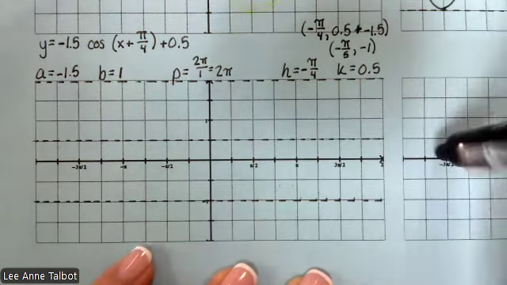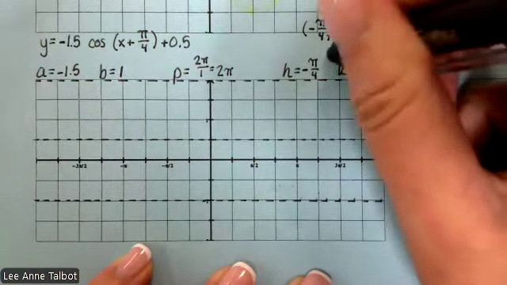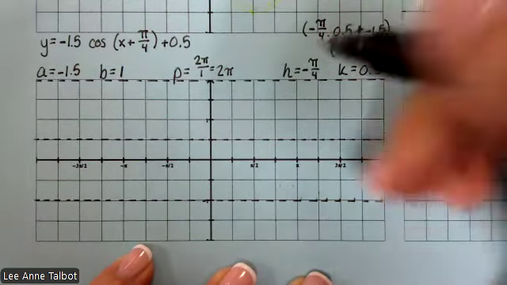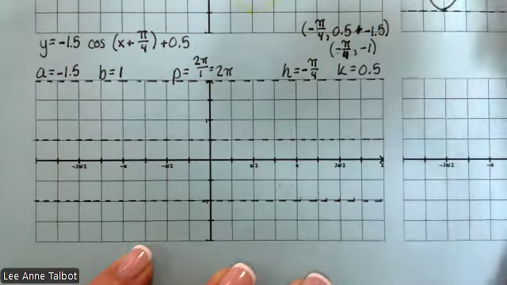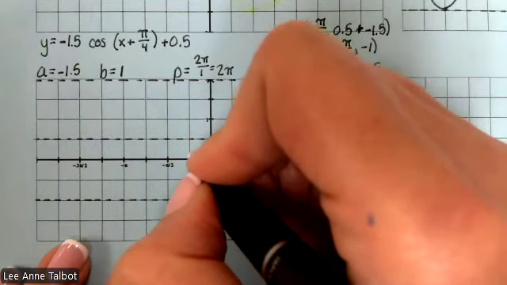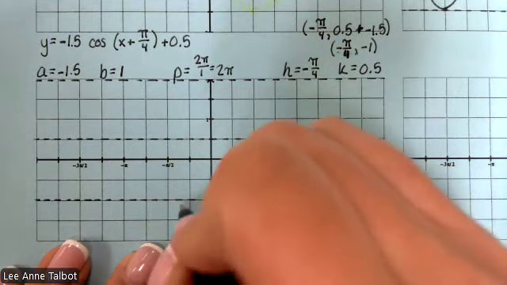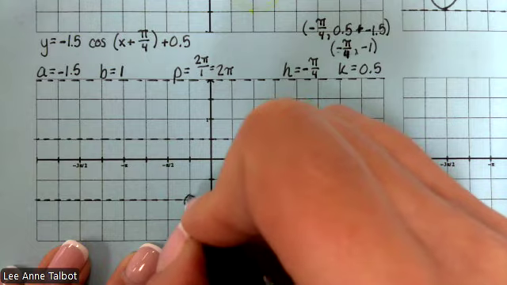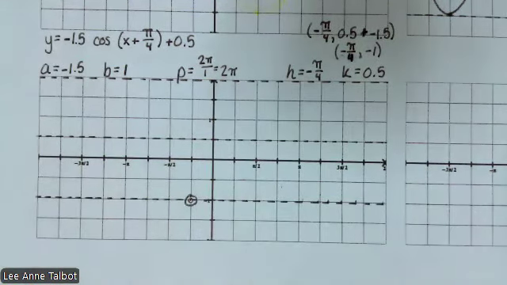Negative 1. And where is the negative pi over 4 box? So it's negative pi over 4, negative 1.